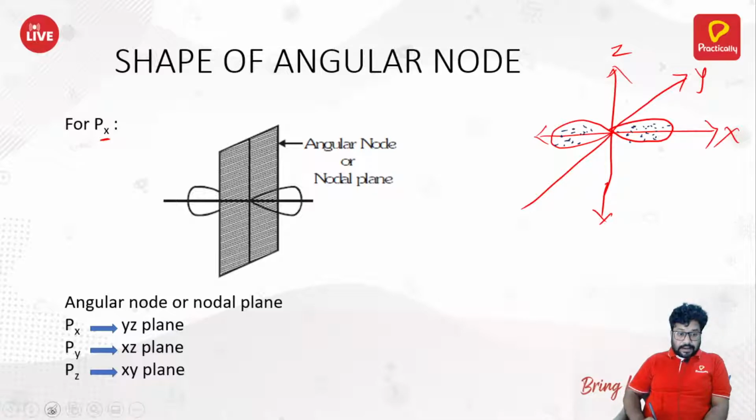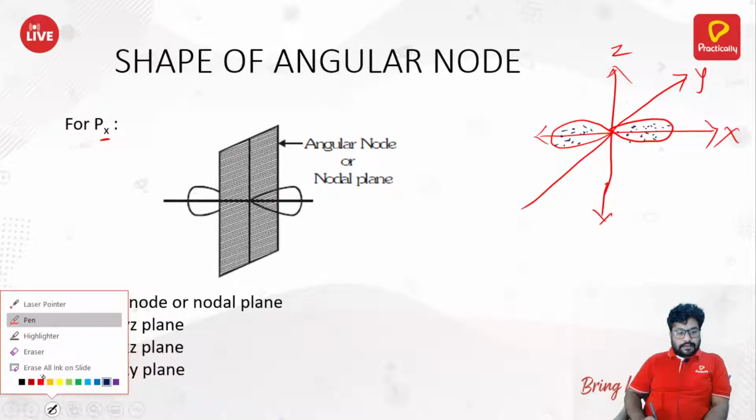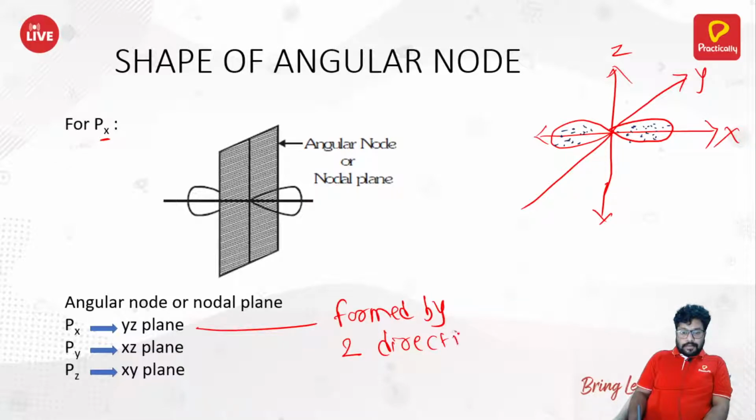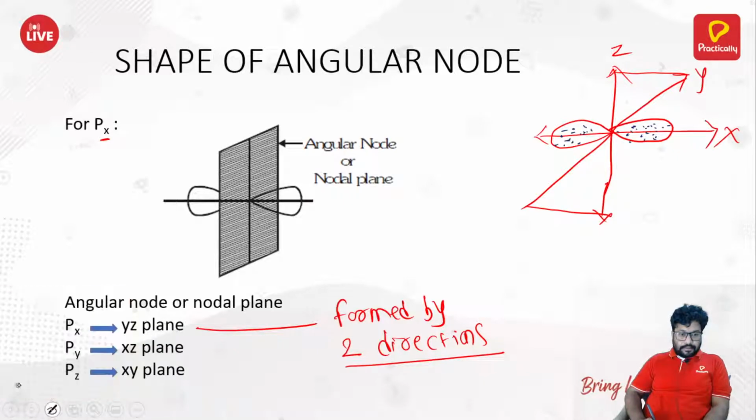And the plane, which plane? See, a plane is formed by two directions, any two directions. Here electrons are present in x. So your zy, see, this is forming a plane now. You can see here, this is the plane, and this plane is perpendicular.